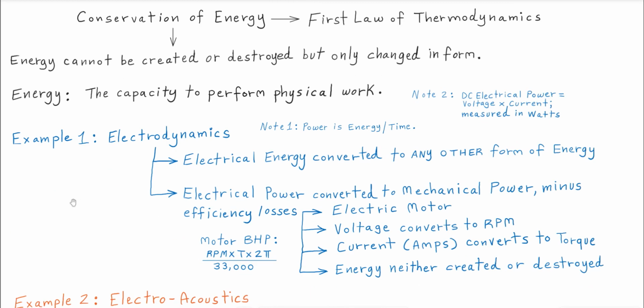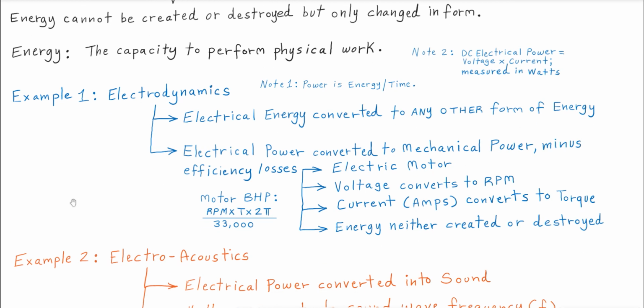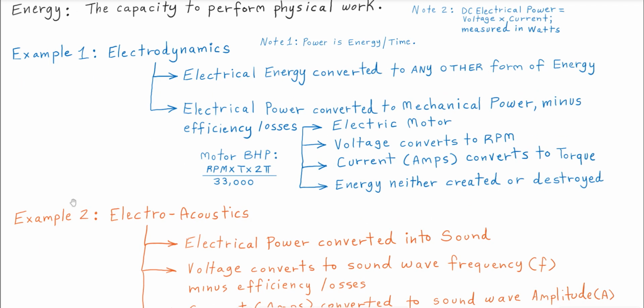So of course we could break that down into energy at rest, potential energy, and energy in motion, kinetic energy. But we'll start with an example. There's infinite examples to describe the conservation of energy, but we'll start with a relatively practical example focusing on electrodynamics.